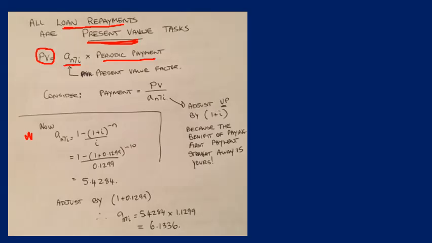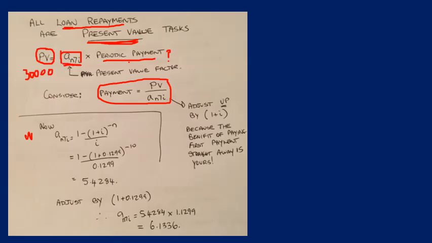We're ultimately going to be putting the 30,000 over here, and then determine a value for this. And this here, the periodic payment, is what we don't know. That's what we're going to be solving for. This is how we rearrange it.